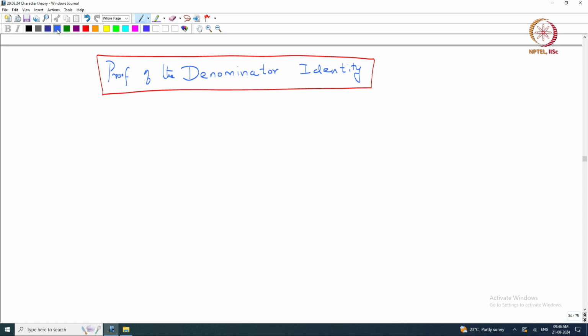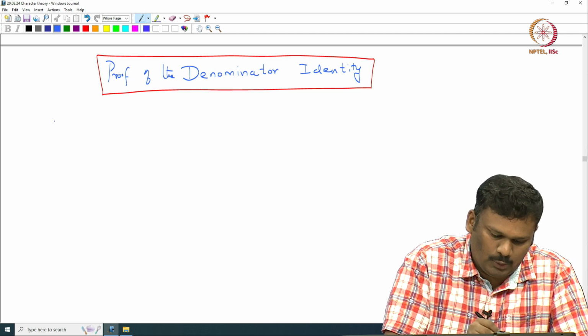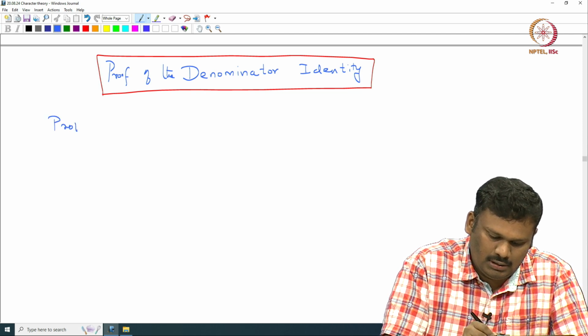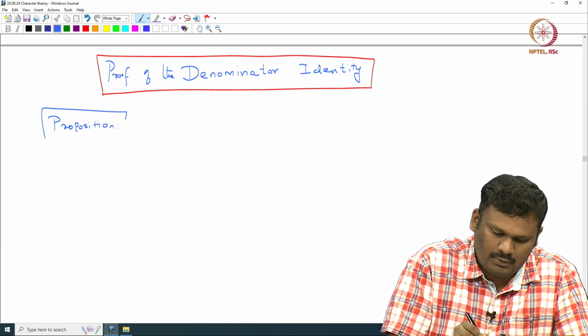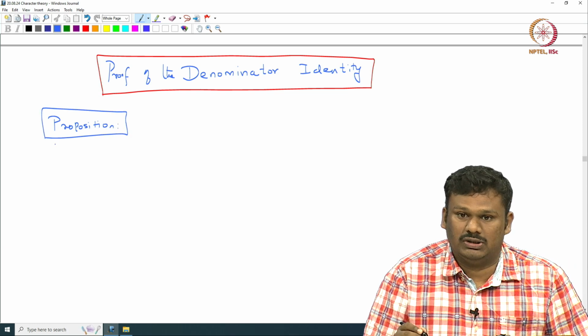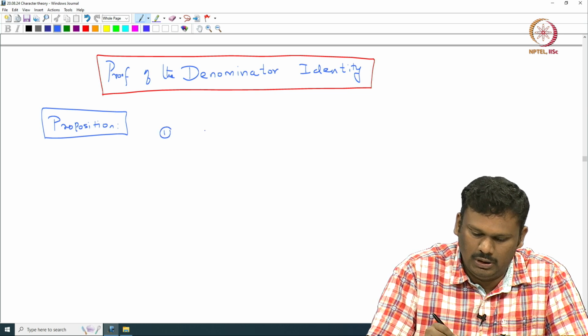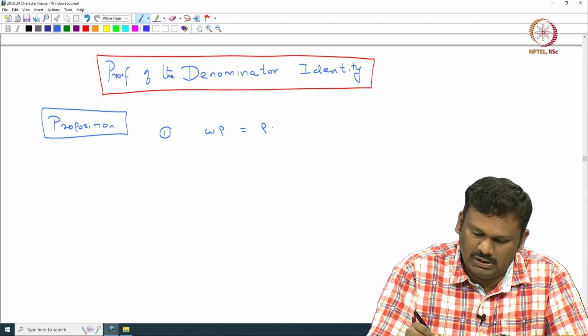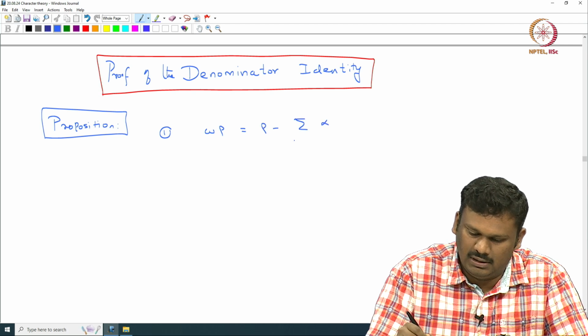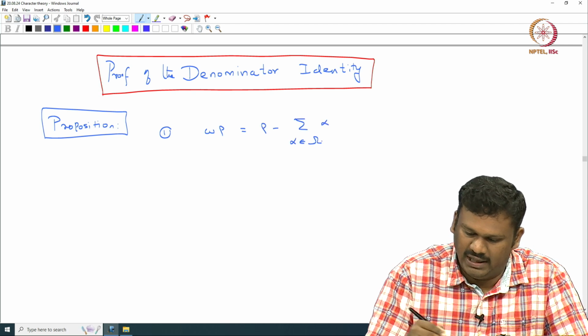So, we want to understand the elements of the form rho minus summation alpha, alpha in omega. The proposition tells how these elements actually behave. The first statement: if I take W rho, then this can be written as rho minus summation alpha, alpha coming from some omega.